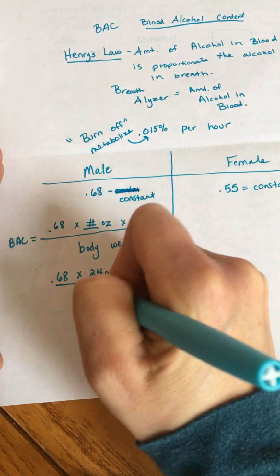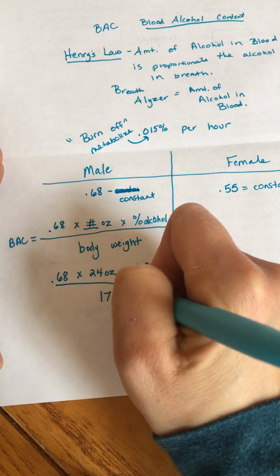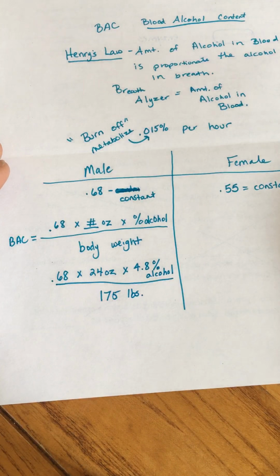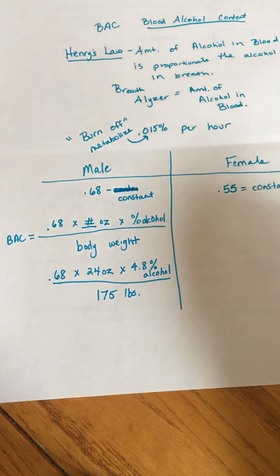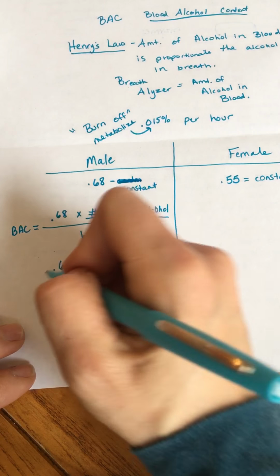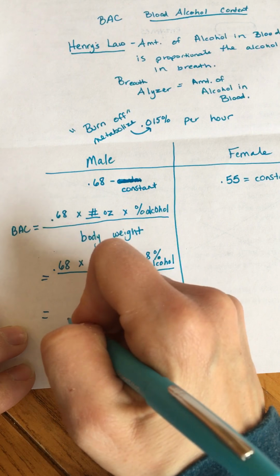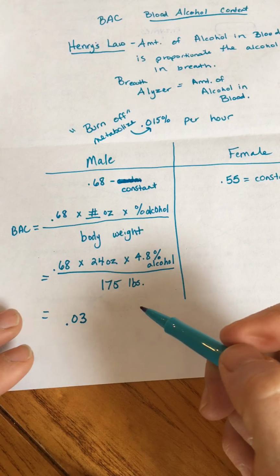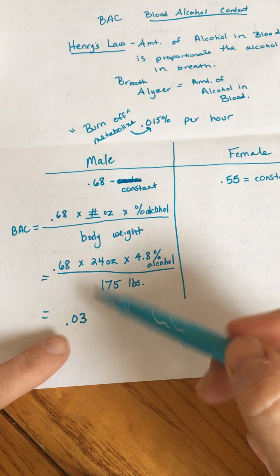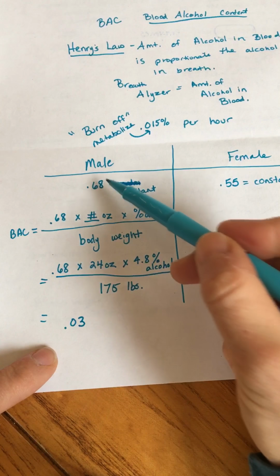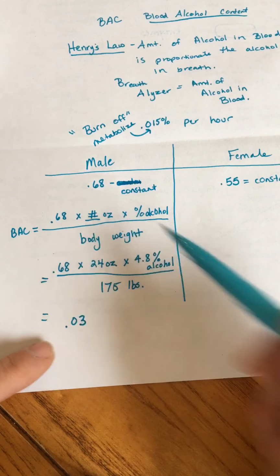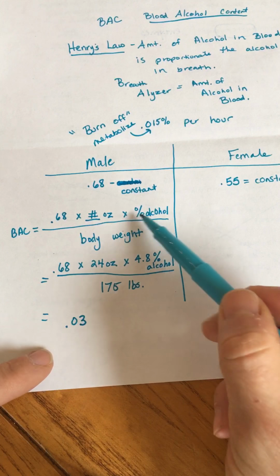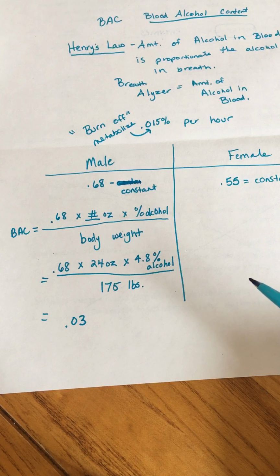And let's take 175 pounds for that person. If we plugged all of those numbers in, we would get a blood alcohol content of 0.03. So that means that this 175-pound male could drink 2 beers at a normal percent alcohol, and their blood alcohol content would be 0.03.